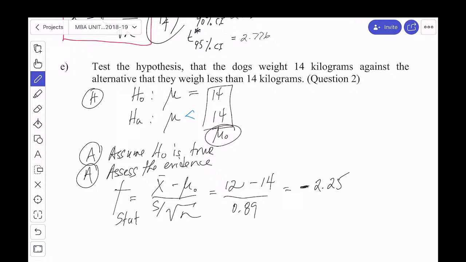Now, is that far? Does that make the result of having a mean of 12 very different or very bizarre? Like, is it very rare that we would see that when we're supposed to see 14 on average?